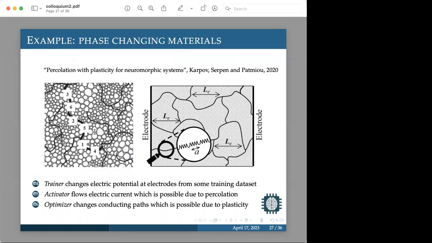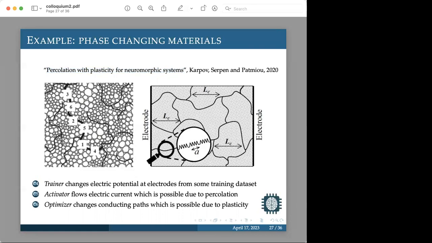But here is an example of a system that actually has those three desired components. This is a paper by those authors, and it's called Percolation with Plasticity for Neuromorphic Systems. They did not envision this as being a neural processor. They thought about this more as a memory, but it is good enough for that.